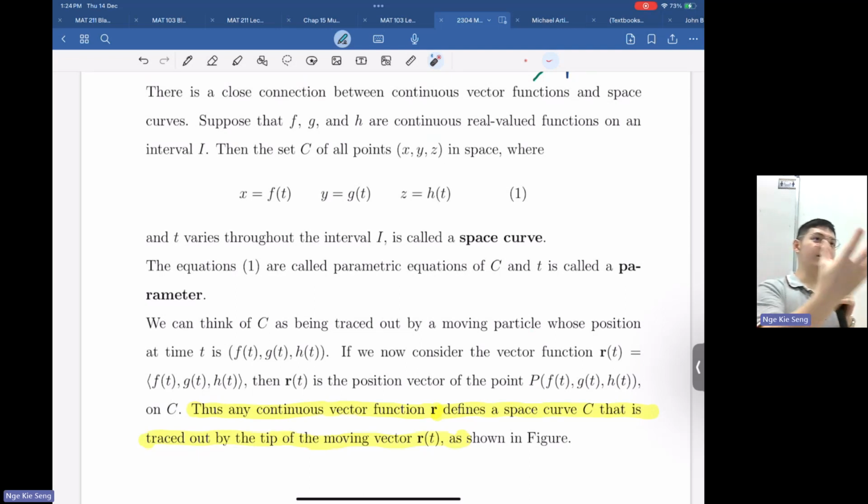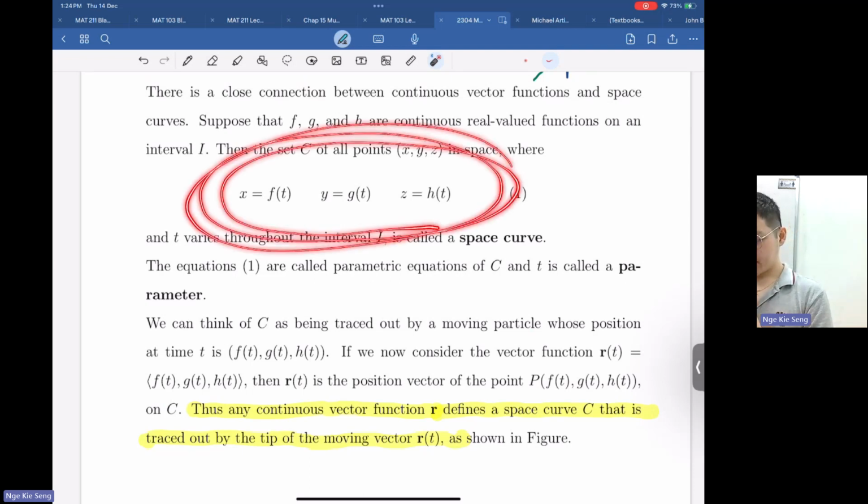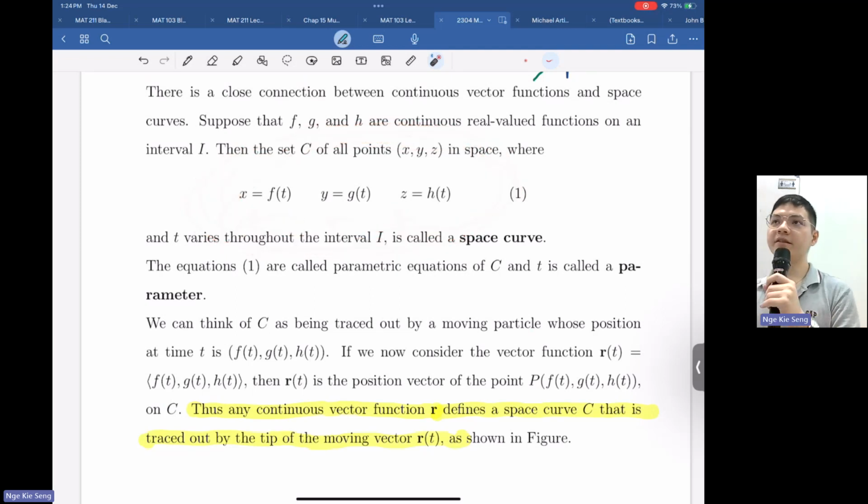It's a curve in the space. So space curve. And then all these equations are what we call the parametric equations. And then these x, y, z are all the parameters. We have gone through this in the R2 case last time. Okay, parametric equation.